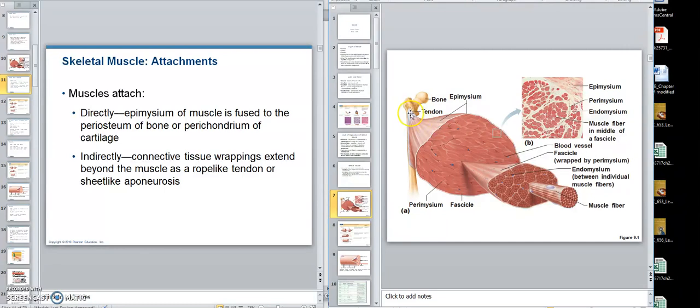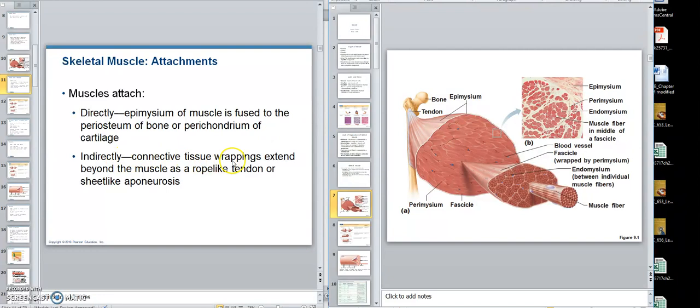So it attaches by something called an aponeurosis. As you'll see in the textbook, it's a flat tendon. Obviously you wouldn't want a round tendon in your forehead, because you'd look like the guy on Star Trek.